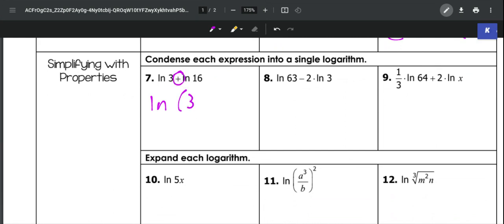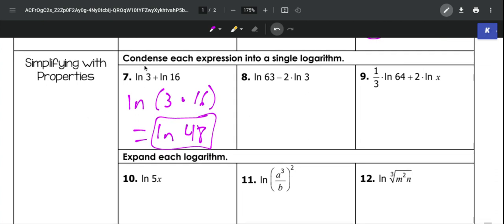Since we have this plus sign here, that property tells us that we're multiplying 3 times 16. So we'd end up with natural log of 48. So there's not too much here. All the properties for your logarithms are the exact same for your natural logs.